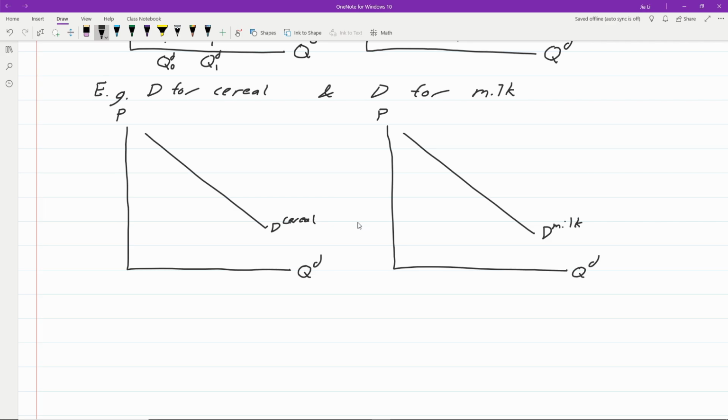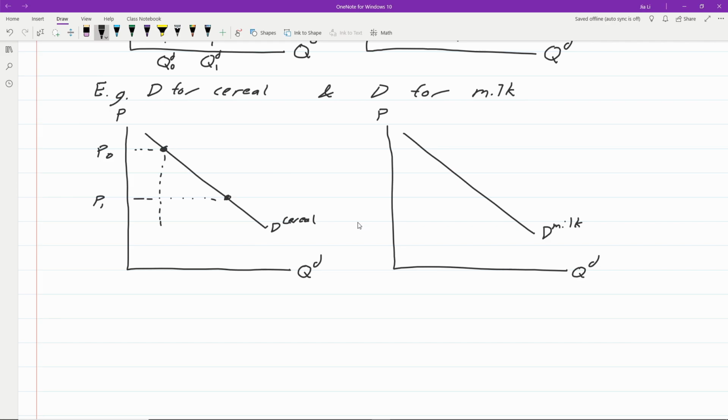So let's once again consider how a decrease in the price of cereal might affect the demand for milk. So let's say we start off at this price up here, P0 for cereal, and the price sees a decrease for cereal.